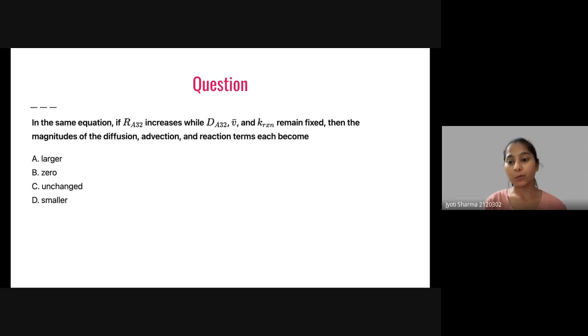Now, in the same equation that I showed you, if RA32 increases while DA32, V and the reaction rate constant remain fixed, so what we are increasing is just RA32, then the magnitude of the diffusion, advection, and reaction terms will become: larger, zero, unchanged, smaller.